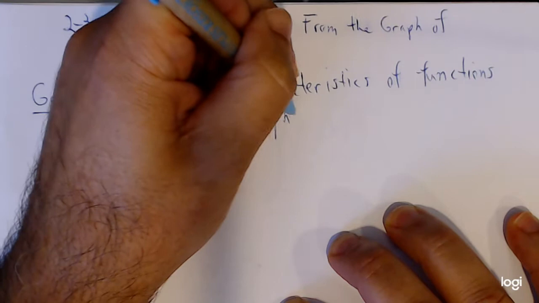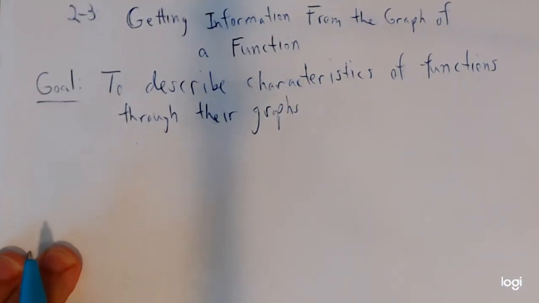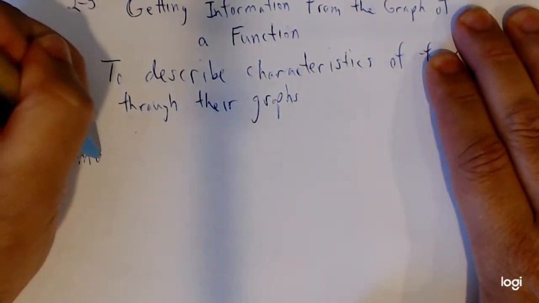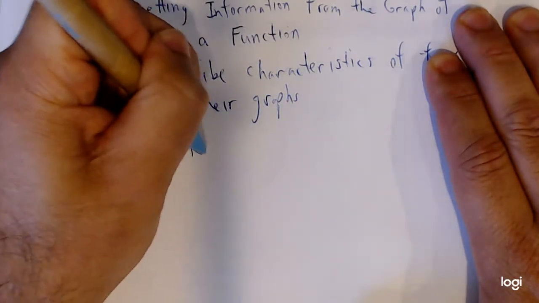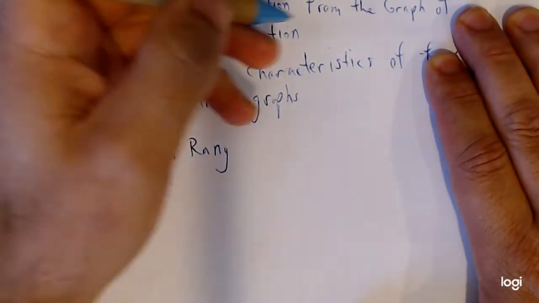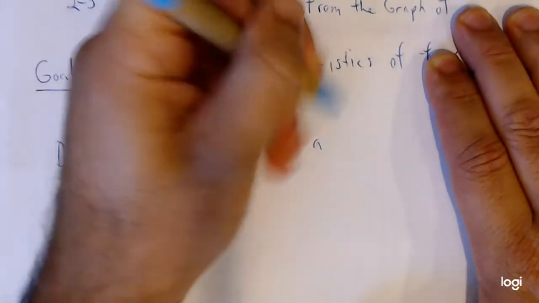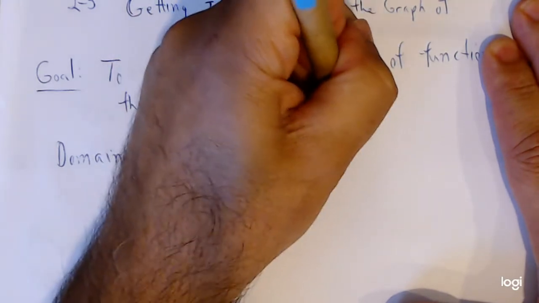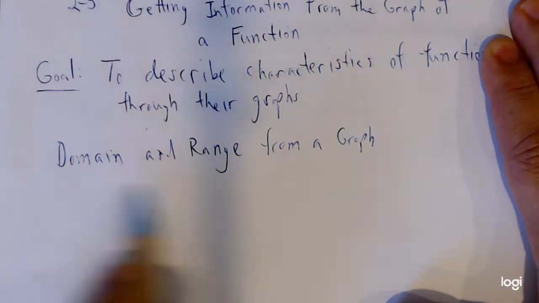Okay, so with that said, we're first going to start off with talking about the domain and range. So the question becomes, how do we describe the domain and range visually? The domain and range from a graph, basically that's what we're going to be doing.